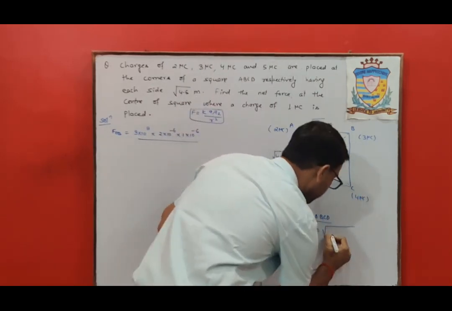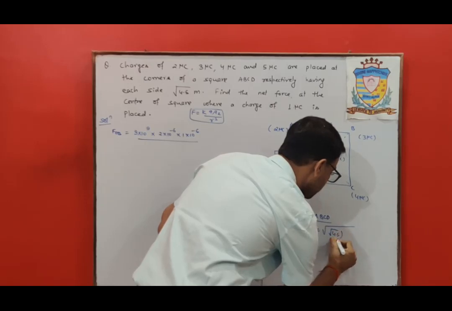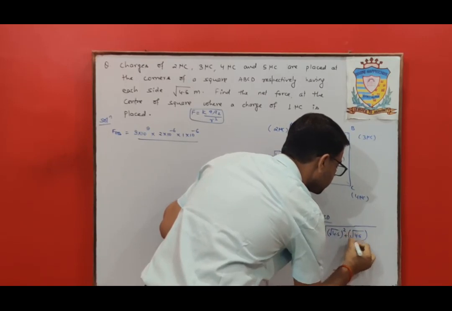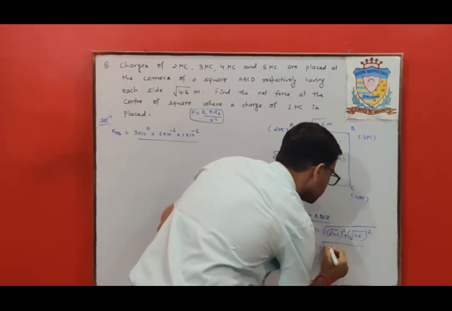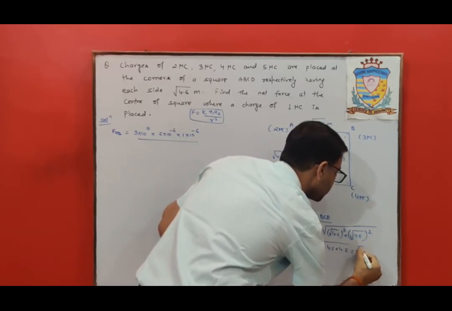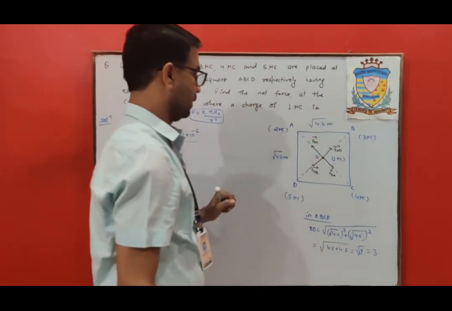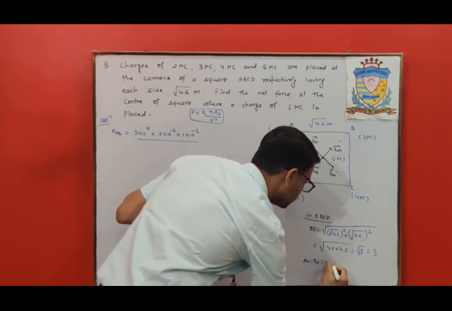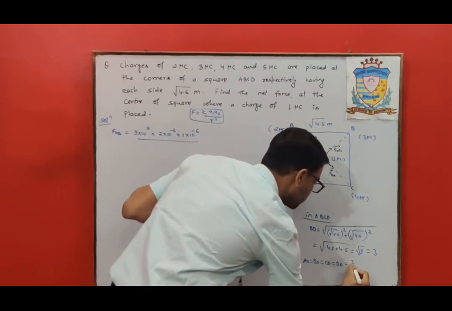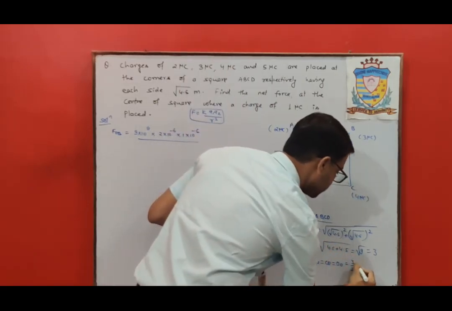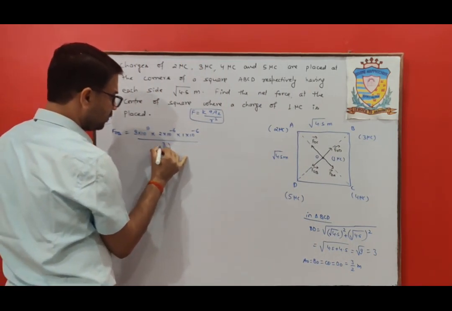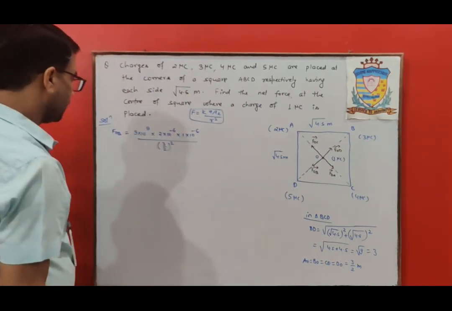So this is the square root of 4.5 whole square plus 4.5 whole square, which is equal to 3. So AO is equal to BO, CO, DO, which is 3 by 2 meter. So it becomes 3 by 2 whole square. Now let's solve it.